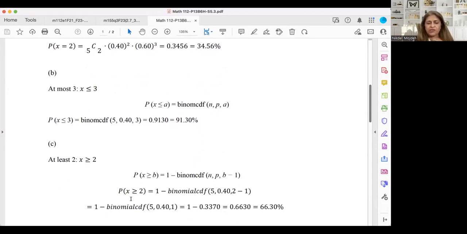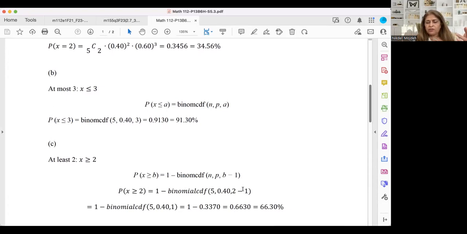Probability of at least 2, probability of X greater than or equal to 2, is equal to 1 minus probability of at most 1. You have to use the complement. At least 2 means 2 and higher. Complement means 1 and 0. You find the probability of the complement, 1 and 0, which is binomial CDF of 5, which is N, 0.40 P, 1.